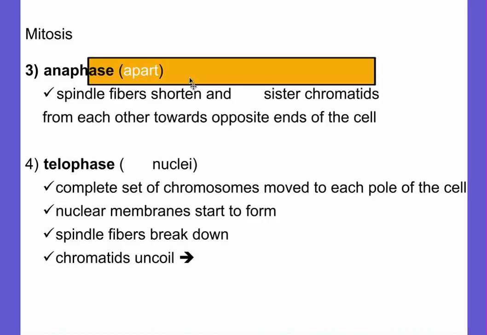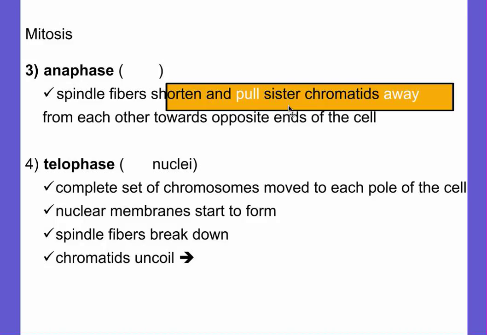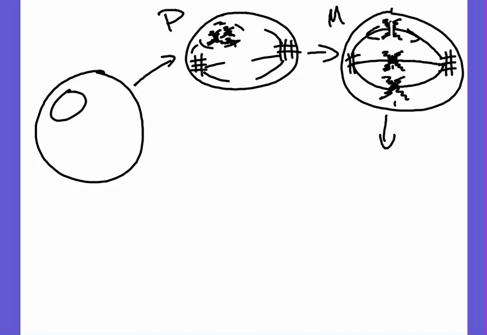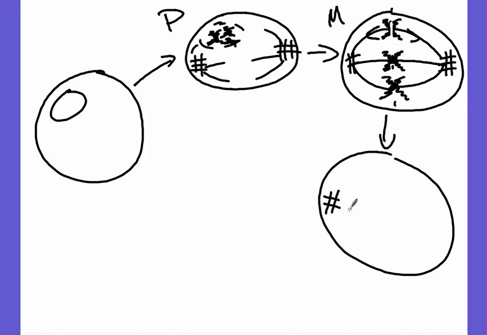My spindle fibers are going to shorten and you're going to pull those sister chromatids away from each other towards the opposite ends of the cell. So in the picture that we're drawing, I need to see a cell. Those sister chromatids have divided, and they're getting pulled towards the opposite ends of the cell.